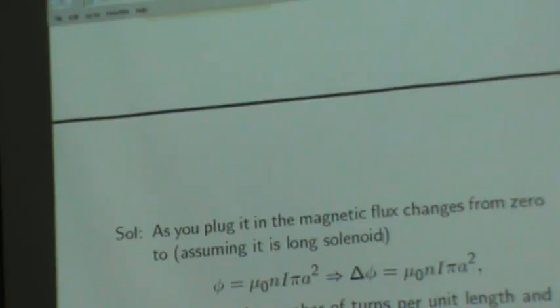the solenoid. So if this is the wire, and if this is the solenoid, we connect this one to the power source. n is the number of turns here, that's the number of turns per unit length.